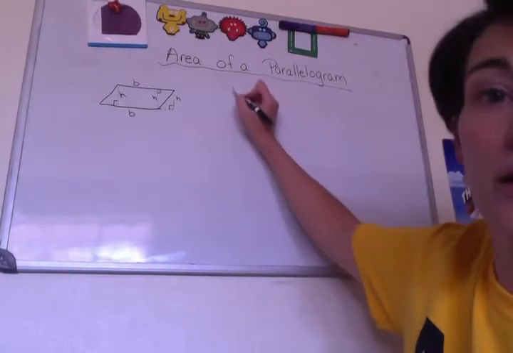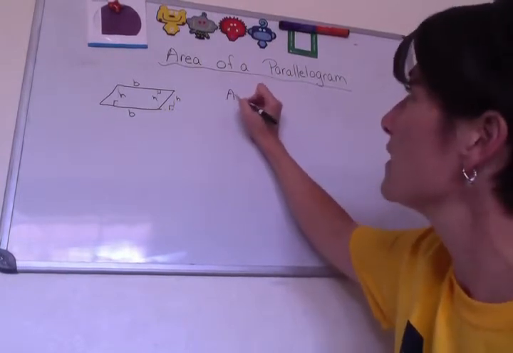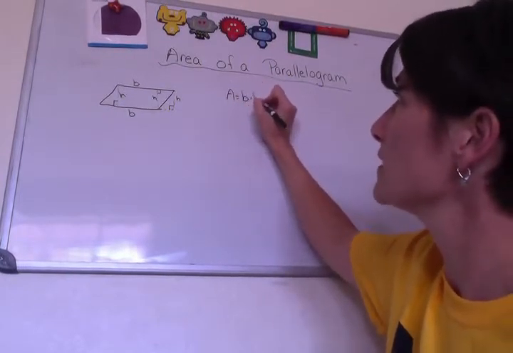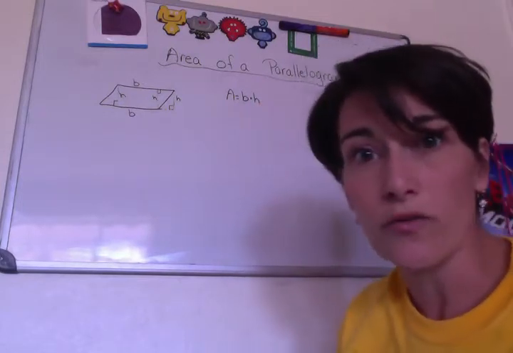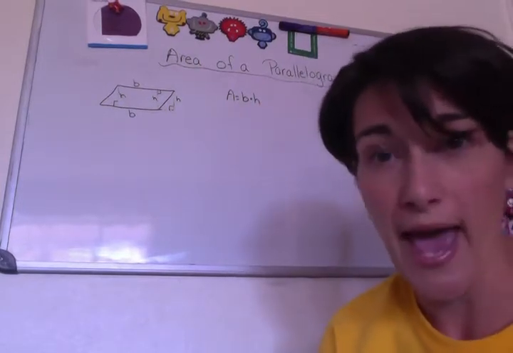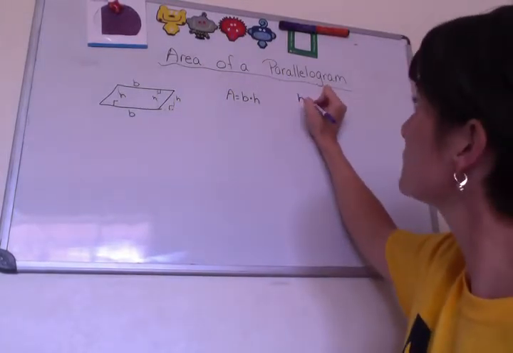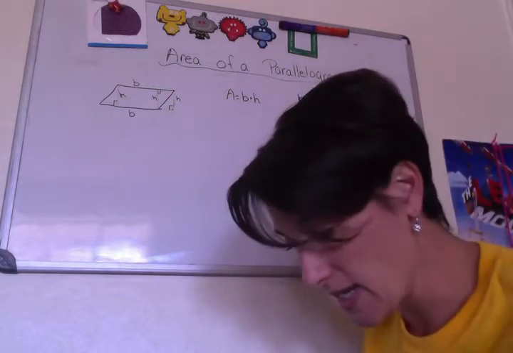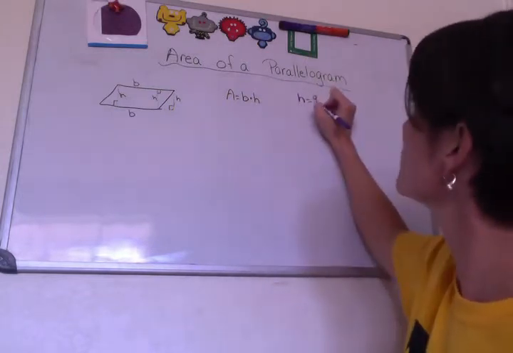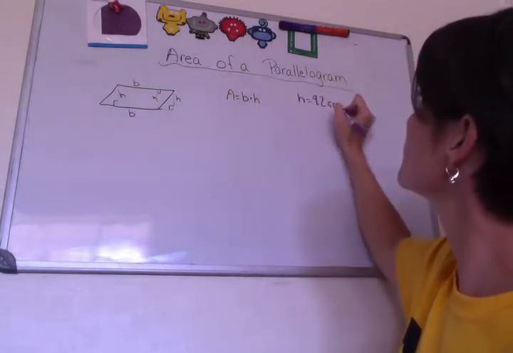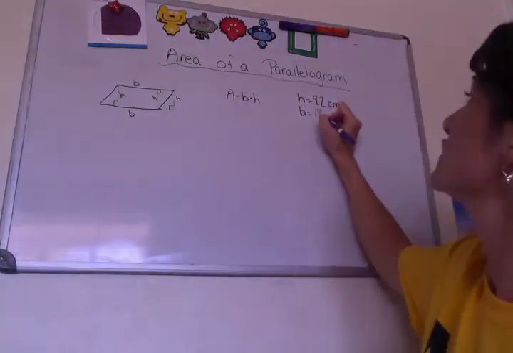Remember, our area of a parallelogram is A equals base times height. For example, let's say they've given us a height of 9.2 centimeters, and a base of 13.5 centimeters.